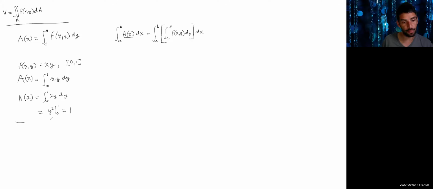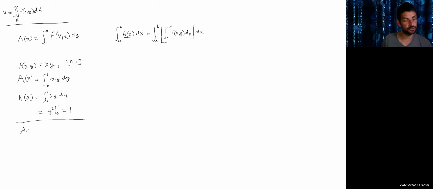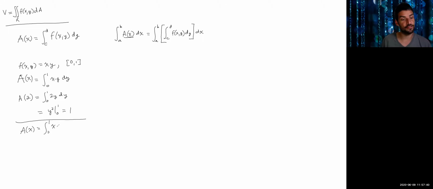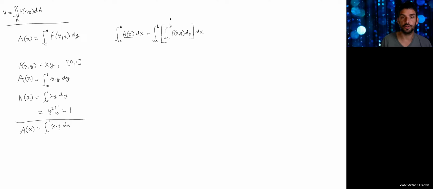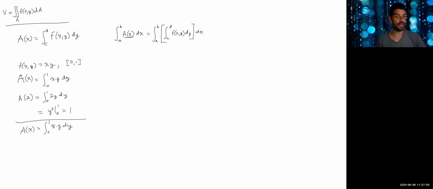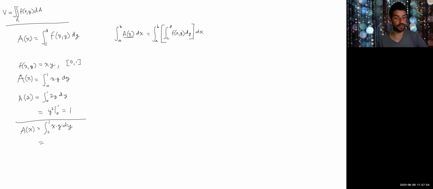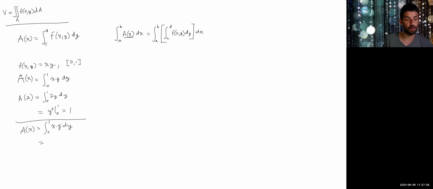So for instance, let's go back to this example I did. Let's say we just wanted to do something a little bit differently. And instead of putting in a value of x, oops, that should be a y, I'm remembering that x just represents some constant. And so no matter what value I put in for x, I know what's going to happen here. I'm going to do this integral with respect to y.